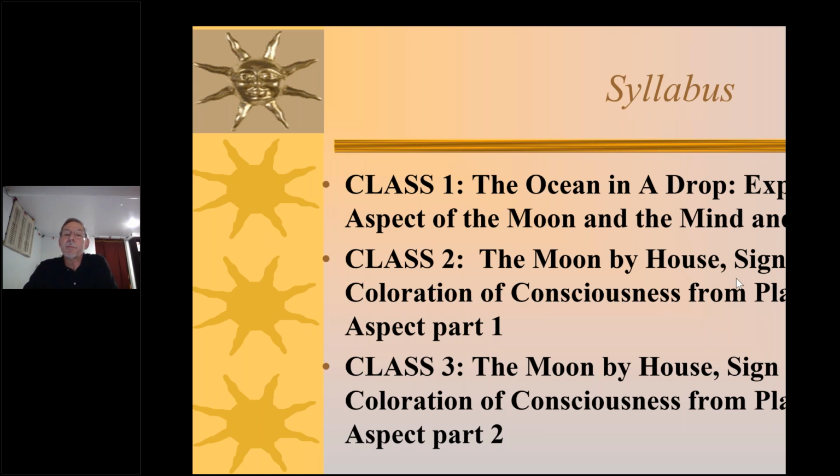Class 2 will be the moon by house, sign and aspect, coloration of consciousness from the planetary signs. And then class 3, the moon by house, sign and aspect, the coloration of consciousness from planetary signs and aspect, part 2. So those were things he asked me to let you know about.